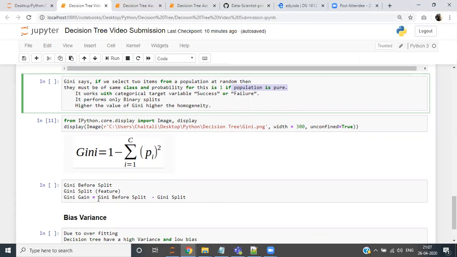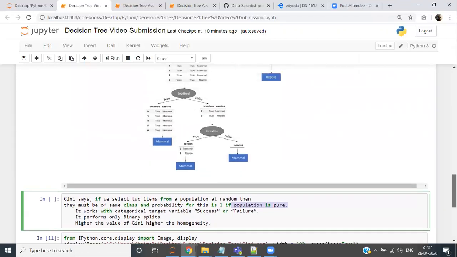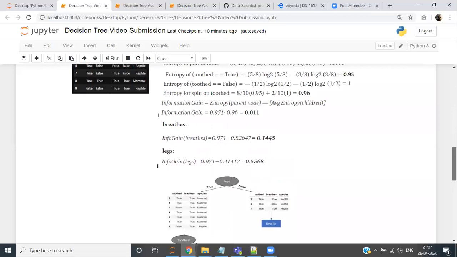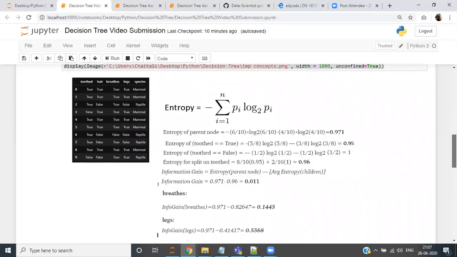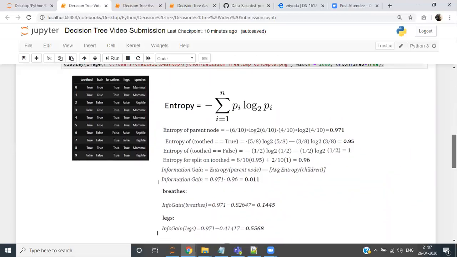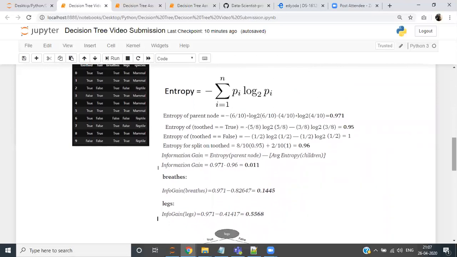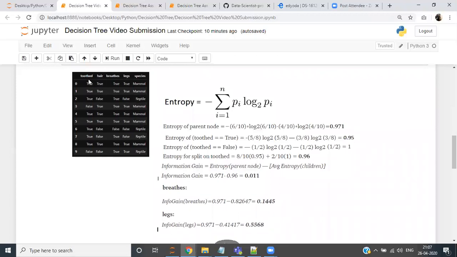Now, an interesting thing with decision trees is to find out bias and variance. What we did over here is, for every node, we calculated what would be the gain for every particular feature, for teeth, for hair, for breath, for legs, and we did it for information gain and also for the Gini index.